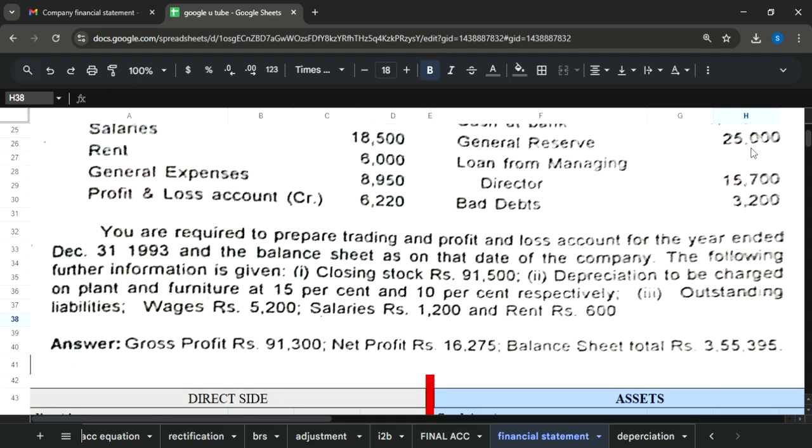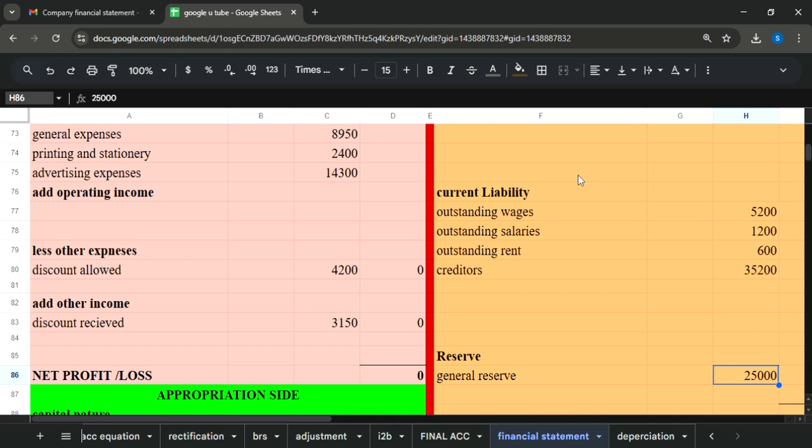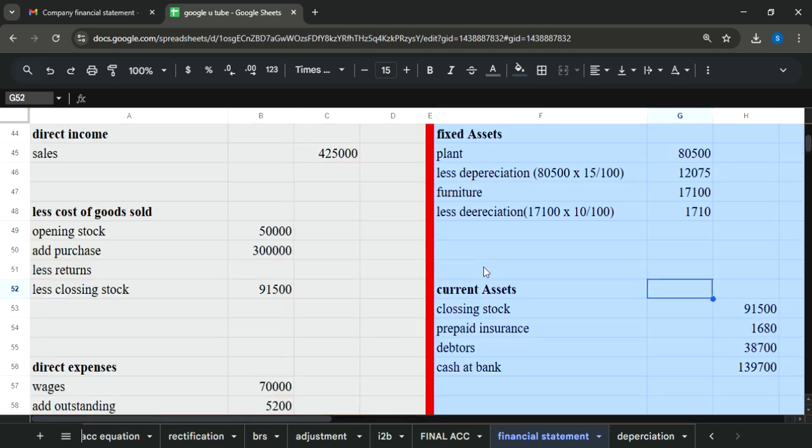After general reserve, we have loan from managing director. It may be written in fixed liability or you may write in current liability. Loan from general manager. Why are we writing in current? Because interest is not mentioned.